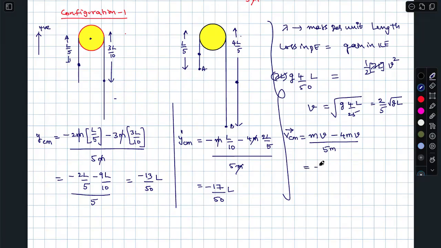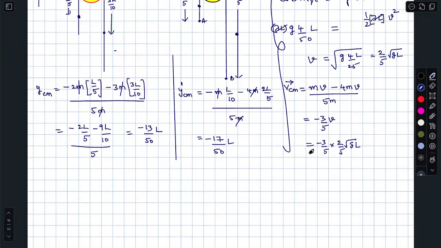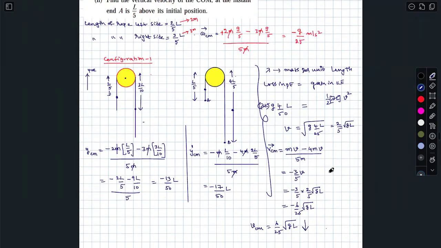So totally this is minus 3 by 5 v. Minus 3 by 5 times 2 by 5 root gL. This you will write as minus 6 by 25 root gL. This means velocity of center of mass is 6 by 25 root gL downwards. Tell me, do you have any doubt in this?